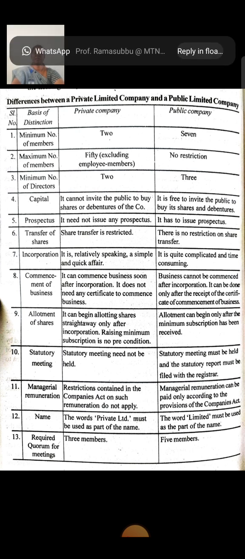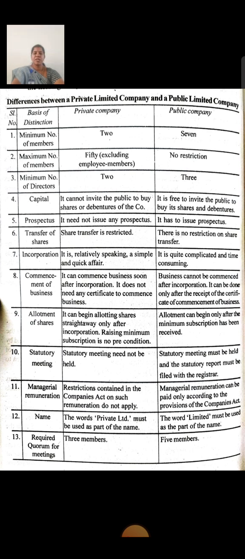Raising minimum subscription is no precondition. In a public company, allotment can begin only after the minimum subscription has been received. So listen and note down: in a private company there is no precondition, and in a public company the minimum subscription must be received.